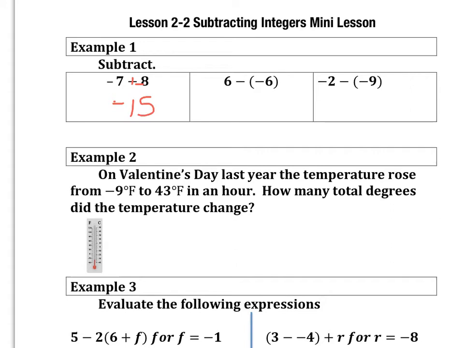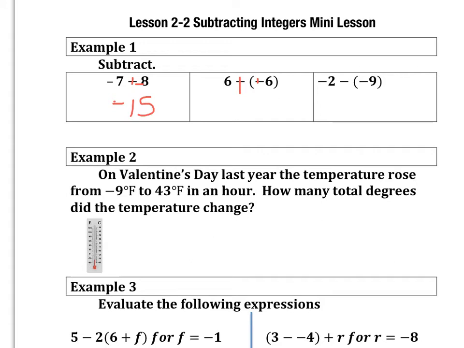Now in the second one here, we have 6 minus -6. 6 minus -6 is when we have one of those double negative situations. So again, we said subtraction is the same as adding a number's opposite. If we wanted to take that into consideration here, we could change subtraction to addition and then change the sign of the second integer. So we would make this a positive.